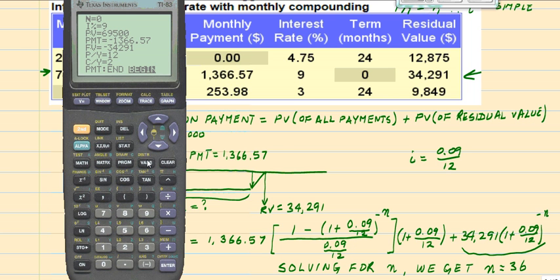The number of compounding periods per year is also 12, and then we have to make sure that we have BGN again, and then scroll to N, alpha, enter, and we have 36 payments. And we stop right here.